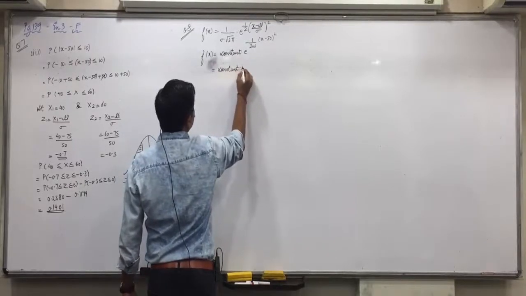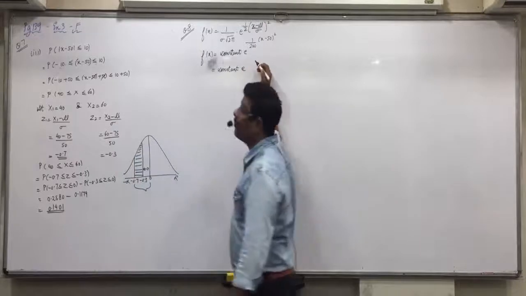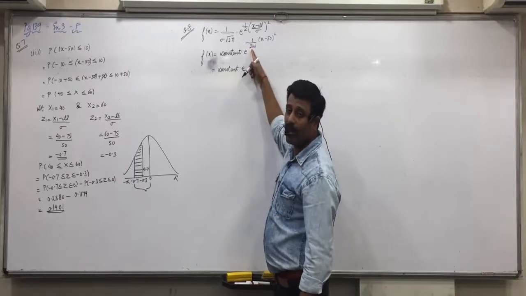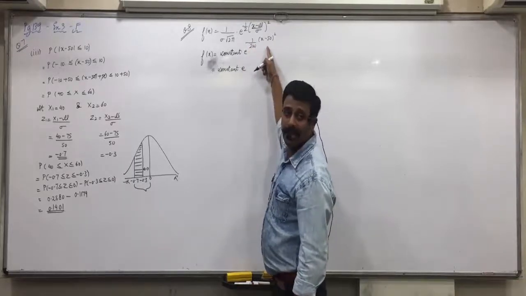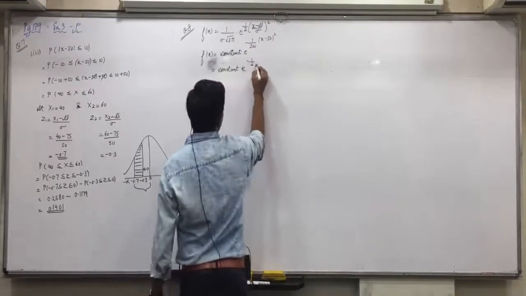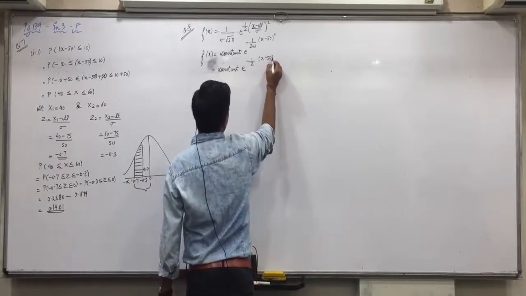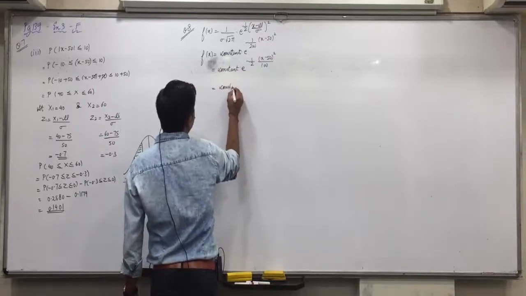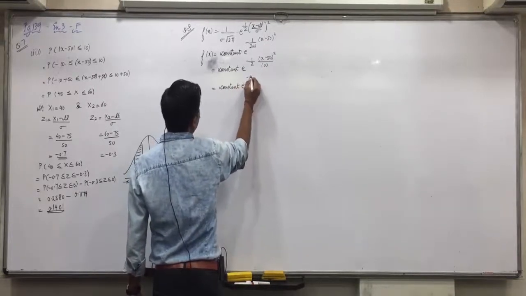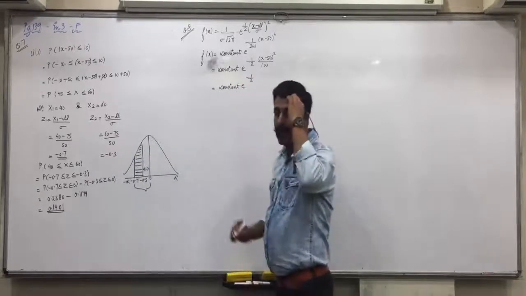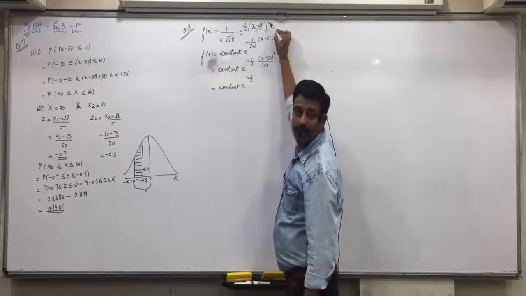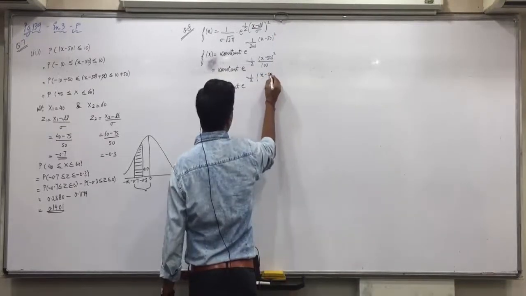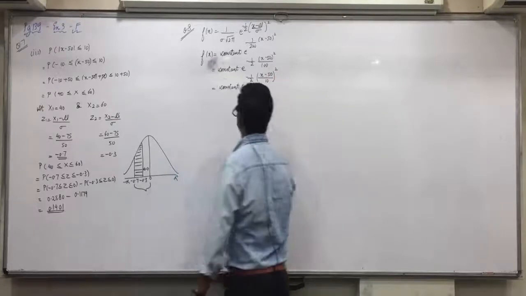Constant into e raised to. Now pay attention. We need 2. So for 200, if we need 2, then what will come on the right side? 100. Minus 1 by 2 into x minus 50 whole square upon 100. So constant into e raised to minus 1 by 2. Now, here we need sigma square. So 100 is the square of 10. Means we can write it as x minus 50 upon 10 whole square.